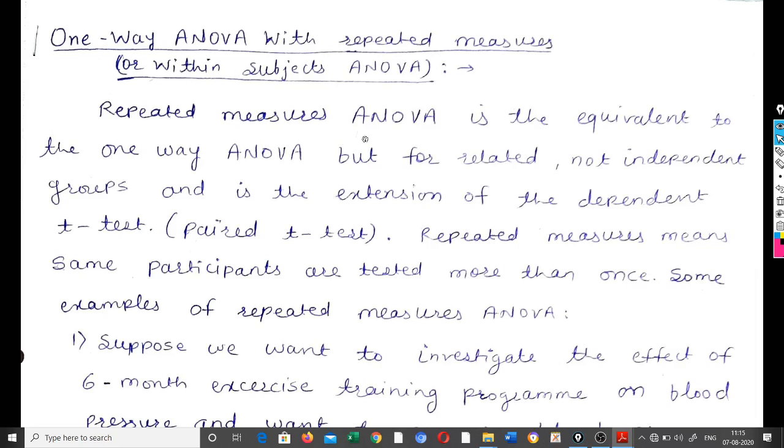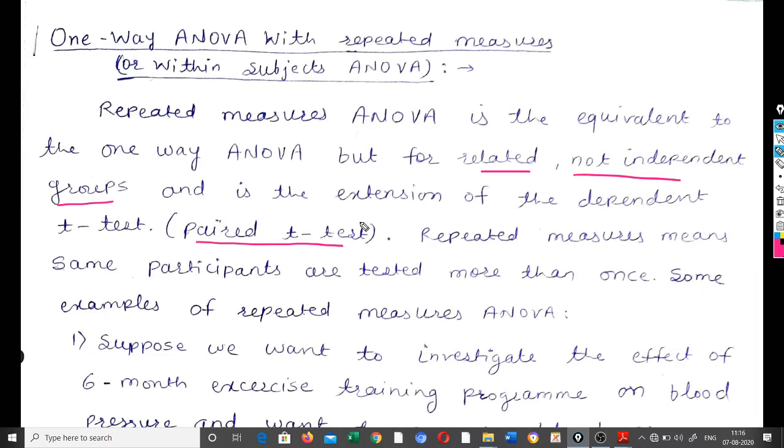Now, repeated measures ANOVA is equivalent to the one-way ANOVA but for related, not independent groups. Means in this case, groups are not independent, just like your paired t-test. In the paired t-test, we have the same individual tested more than once, just like before and after.